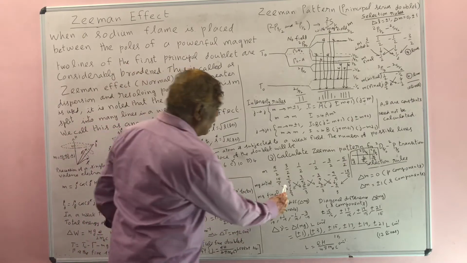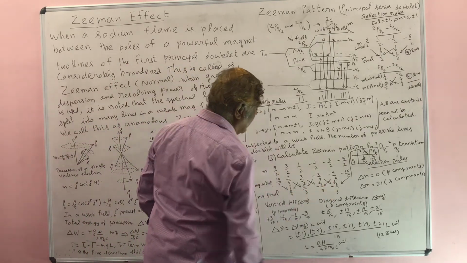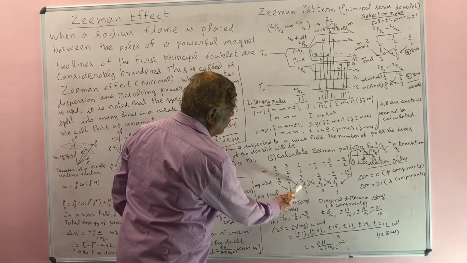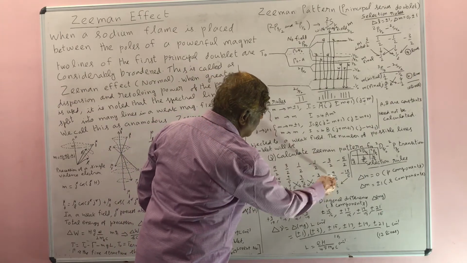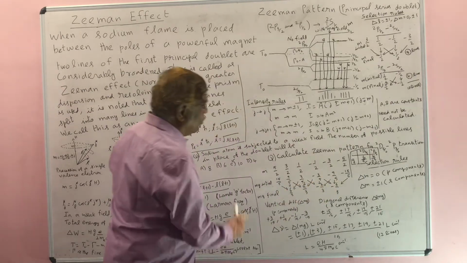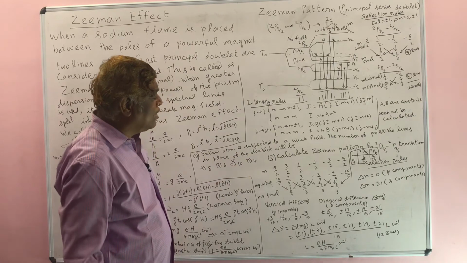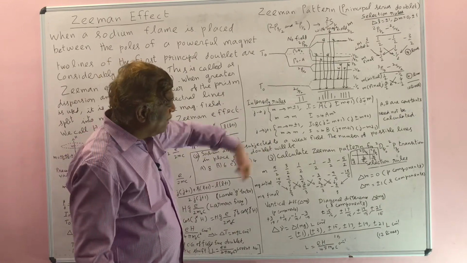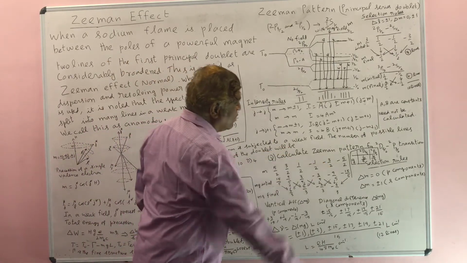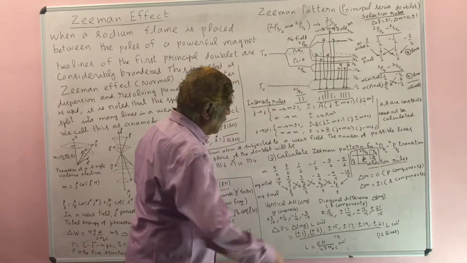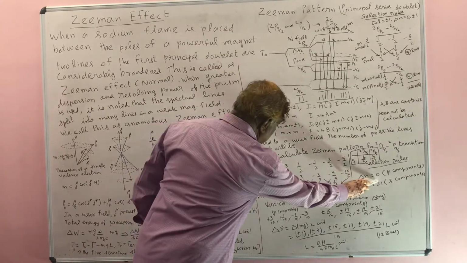Then draw the vertical lines, 4 vertical lines. Draw the diagonal lines: 1, 2, 3, 4, 5, 6, 7, 8. One set of diagonal lines corresponds to delta m is equal to plus 1. Another set of diagonal lines corresponds to delta m is equal to minus 1. And the vertical lines correspond to delta m is equal to 0.